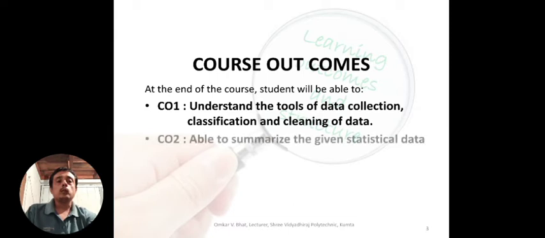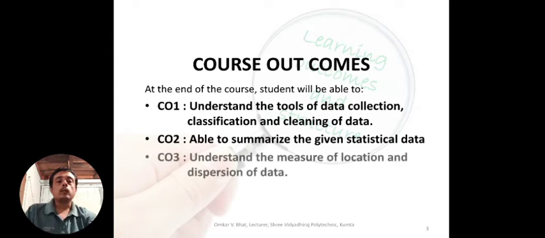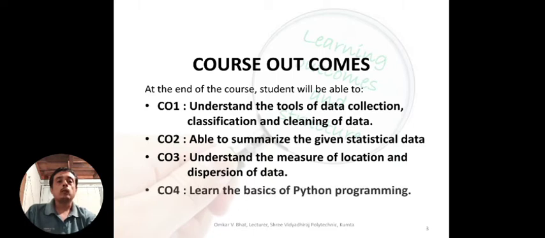Then CO2, at the end of CO2 you will be able to summarize the given statistical data. And CO3, understand the measure of location and dispersion of data. And CO4, learn the basics of Python programming. So these are 4 different course outcomes.